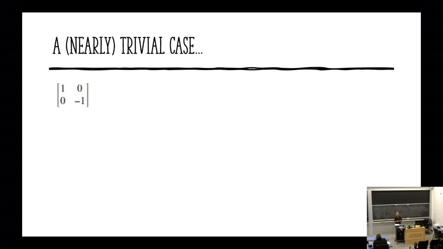So let's look at a pretty trivial case. Here we have a diagonal matrix, 1, 0, 0, negative 1. And by inspection, we know that the eigenvalue for eigenvector E1 is 1, and the eigenvalue for eigenvector E2 is negative 1.